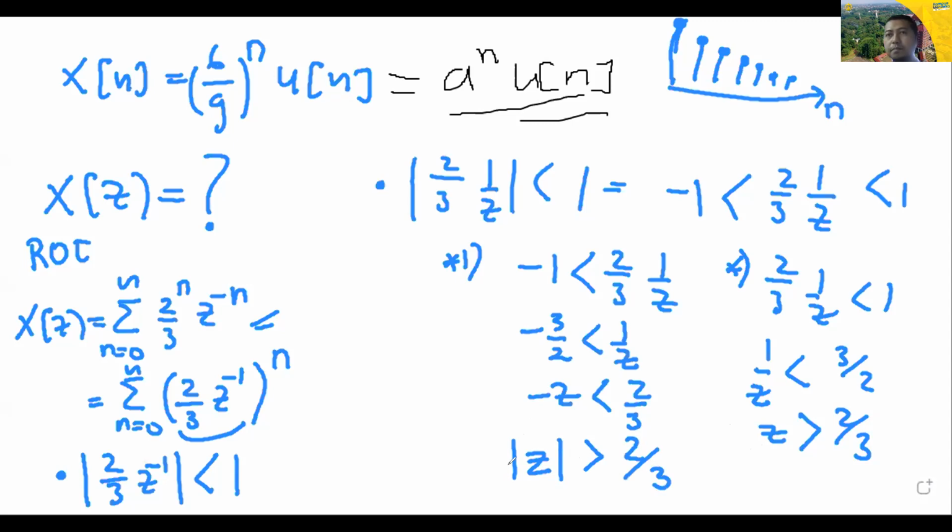Okay, something like that. Considering both sides, considering this one and this one, means that Z is greater than 2/3.